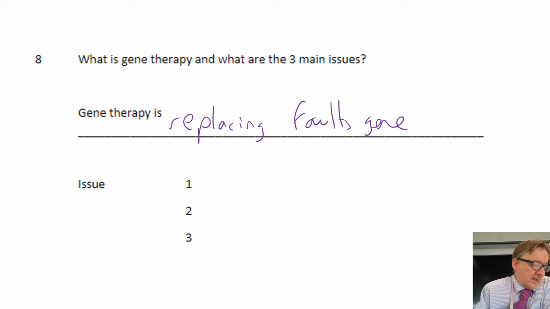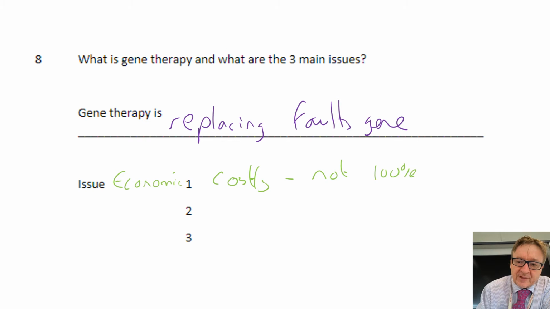And there are three main issues. I'm just going to write down here, economic. What it means is it's a very costly process and it is not 100% effective.